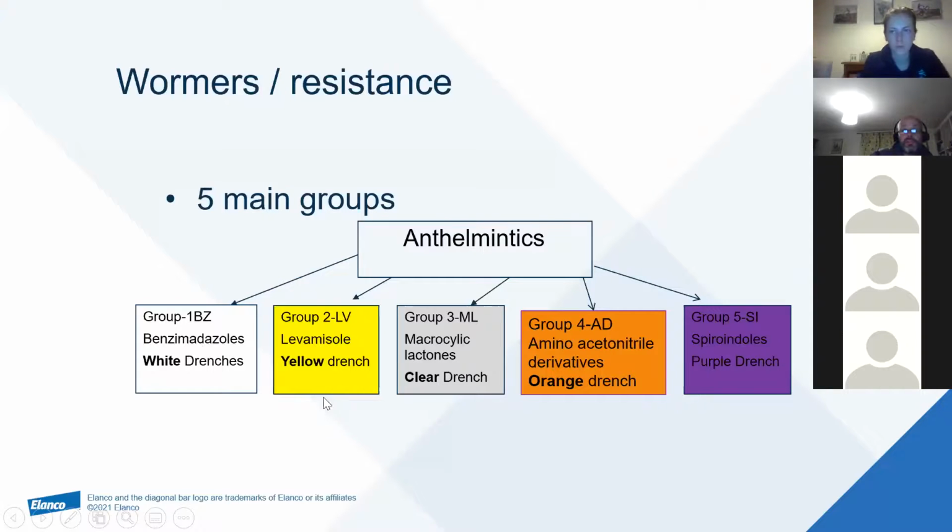If we move on to the yellows, on those same 100 farms, how many of them do you think we would find resistance to the yellows? So we've got 90. Any advance on 90?